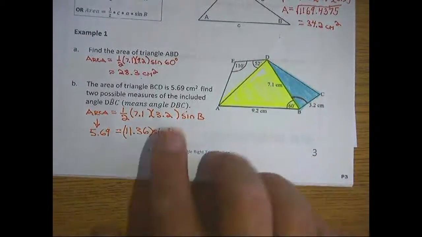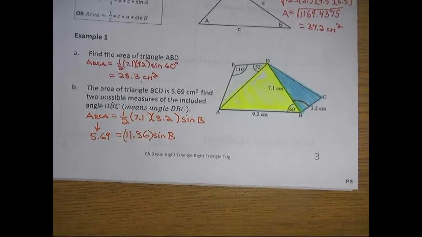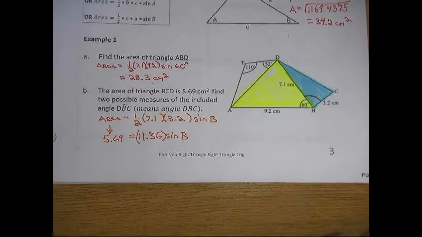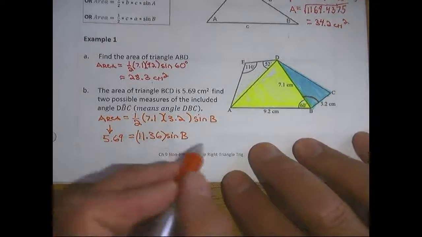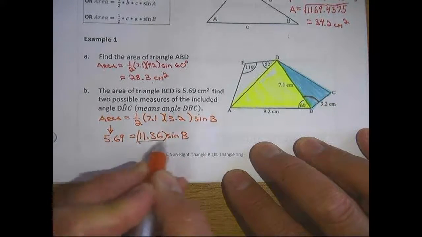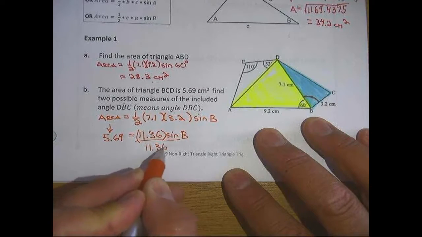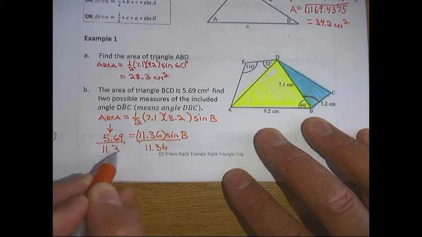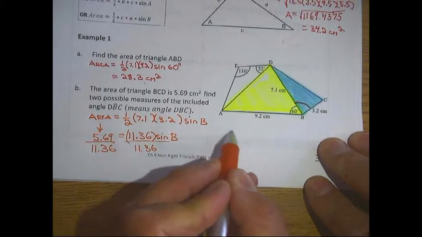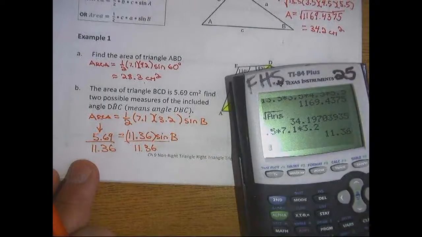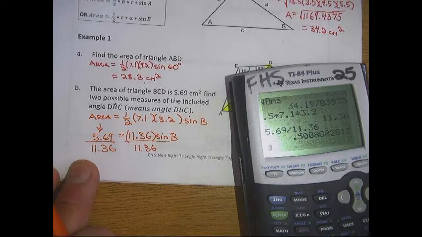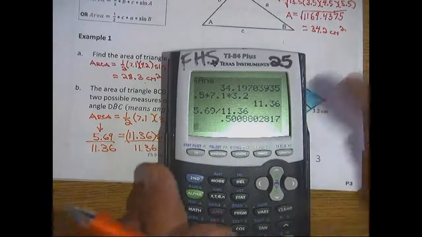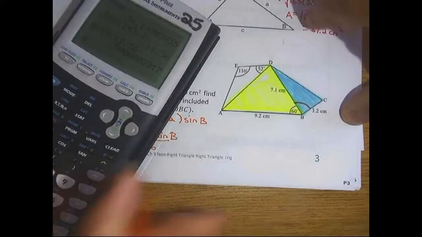Okay, now how do we isolate the sine of B? Yep. So we're going to divide that side by 11.36, that side by 11.36, and I get, let's see, 5.69 divided by 11.36. Get that long decimal, and I'm going to just leave that in my calculator.